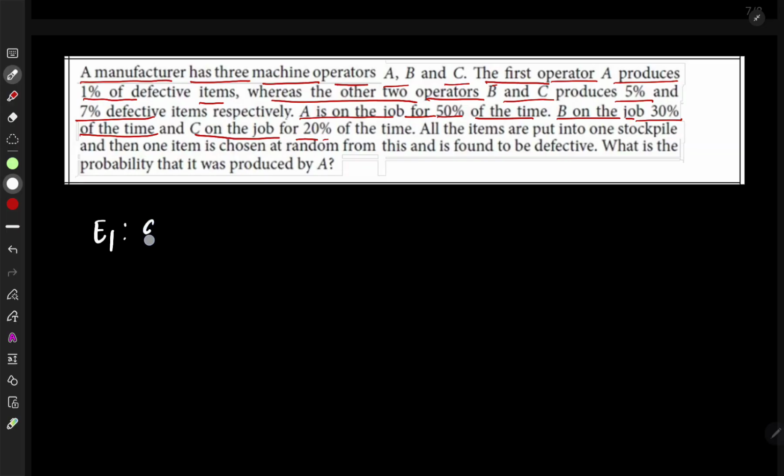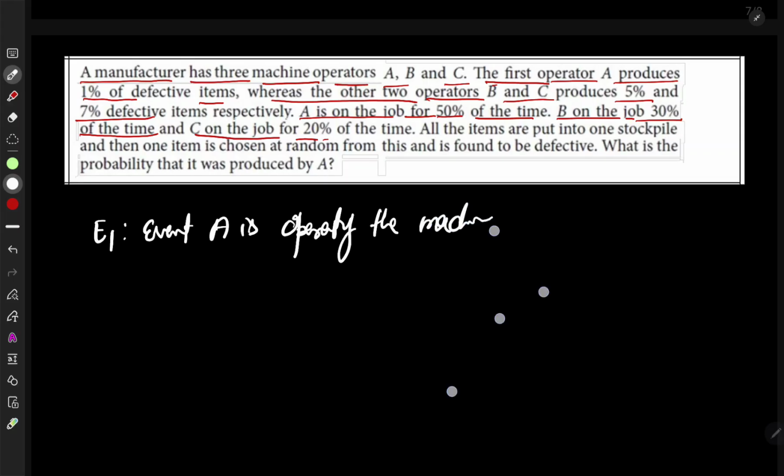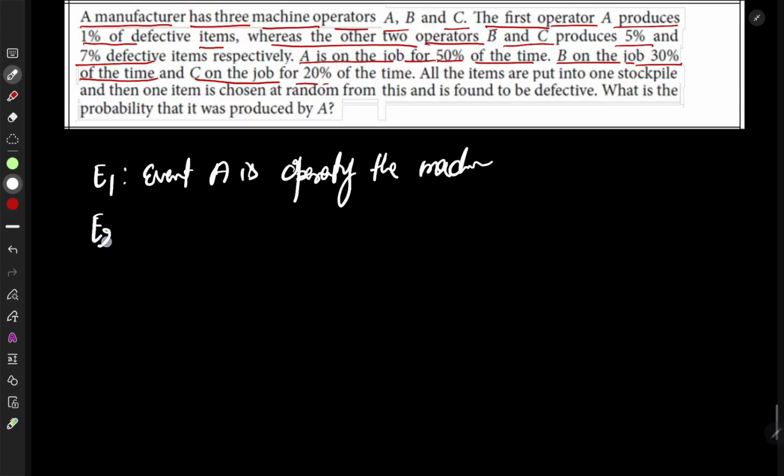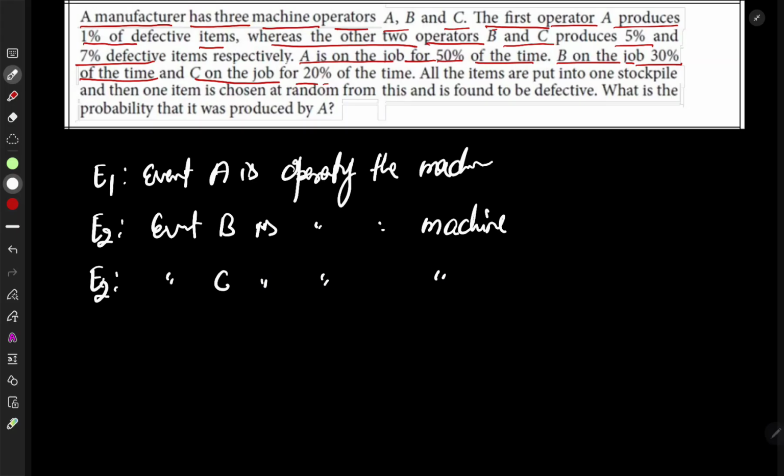E2 is the event that B is operating the machine, correct? And E3 is the event that C is operating the machine.